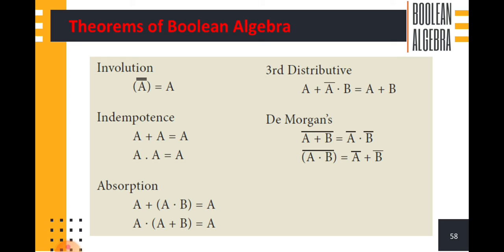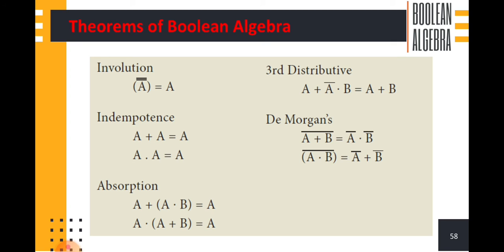Okay students, so that's all about chapter 2, part 2, Boolean algebra. Now chapter 2 is completed. In this chapter we studied two parts. In the first part we discussed the number system: what are the different types of number systems used in computers, how we can convert from one number system to another, and what the different encoding systems are.